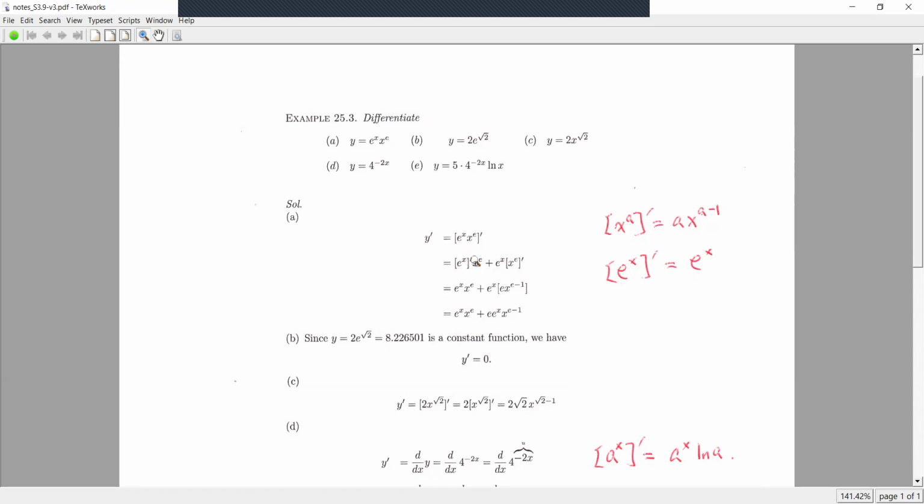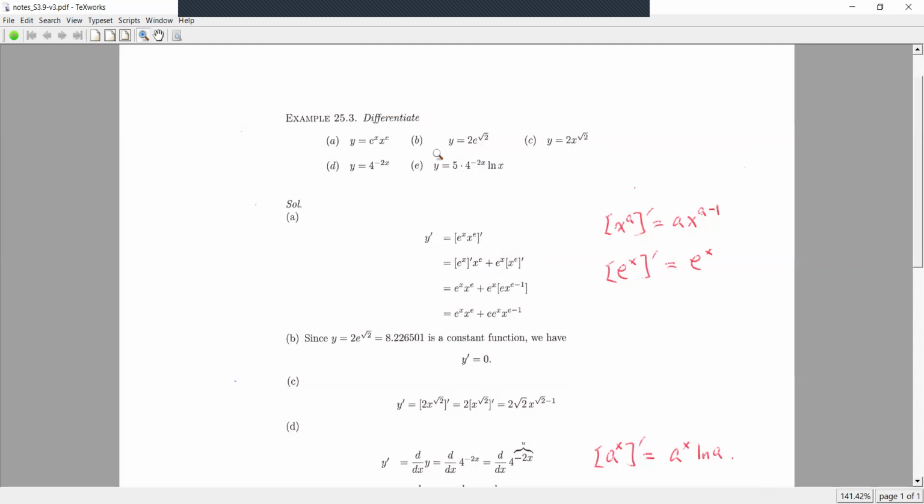The derivative of e to the x by formula is e to the x. The derivative of x to the e by the formula for power functions is e times x to the e minus 1. Now simplify this expression a little bit. I move this e to the front. Then this is the result for part A.